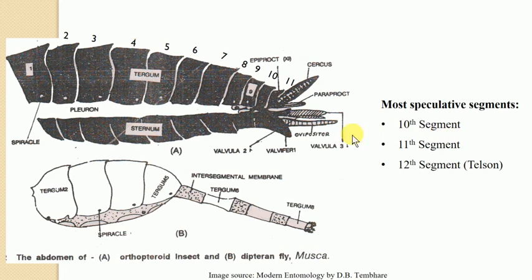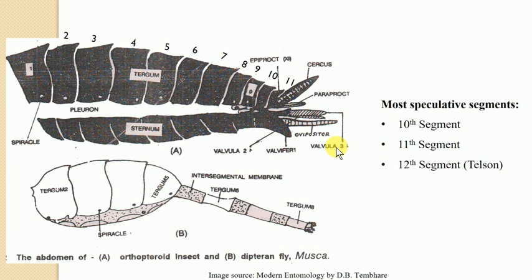Now it is formed in the embryo of the insect in all orders. So almost in all orders 10 abdominal segments are well recognized, but there are certain exceptional conditions. For example, the 10th abdominal segment is not found in the Protura, Collembola, Sternorrhyncha (Homoptera), Cyclorrhapha (Diptera) and Anoplura.